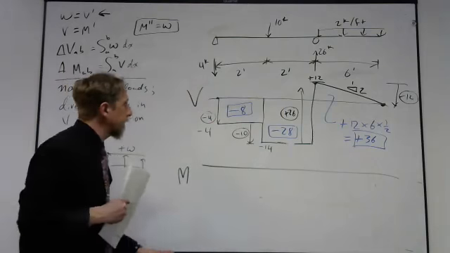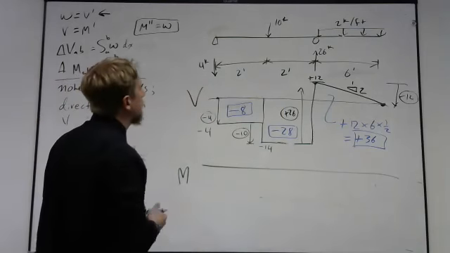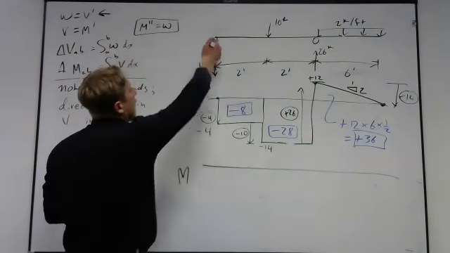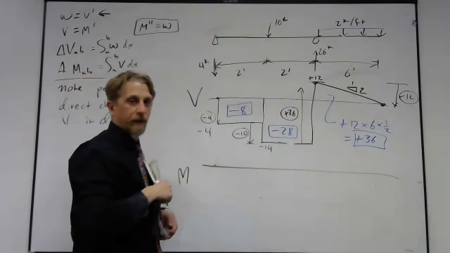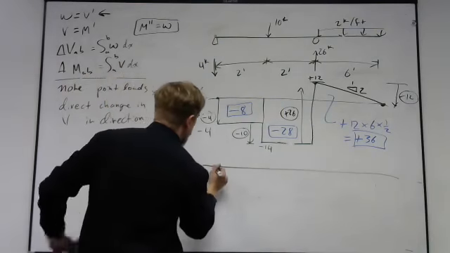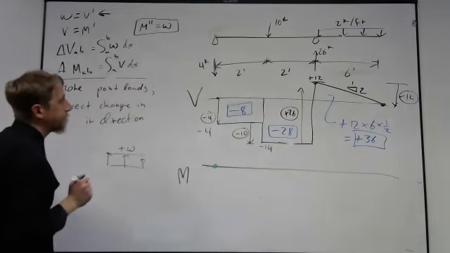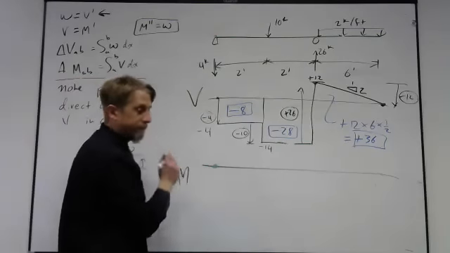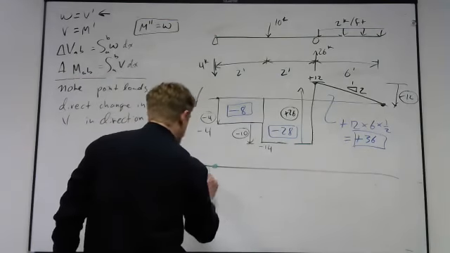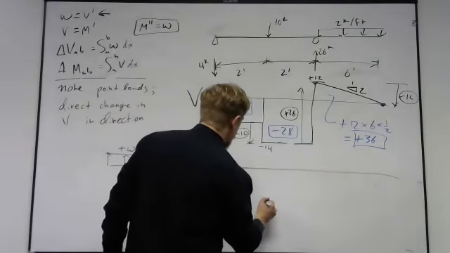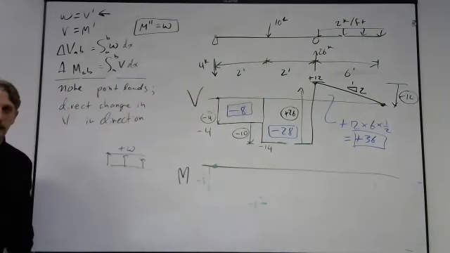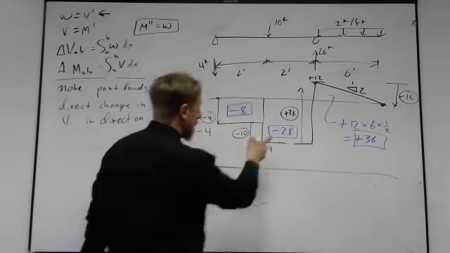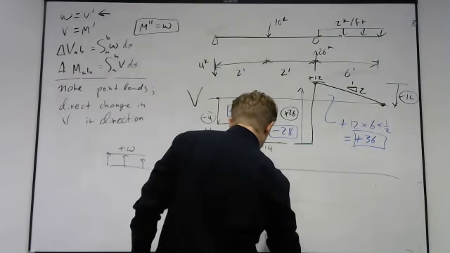Okay, so now we've got -8. How about moment? Nothing there. I'd see an applied moment if there was something there. There's not. Moment 0. I go down by 8. Brings me to -8 here. Let's connect the dots in a second. I go down by 28.